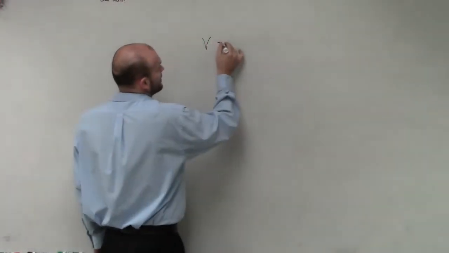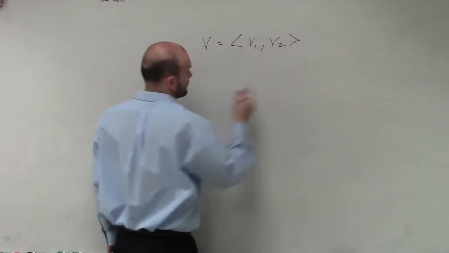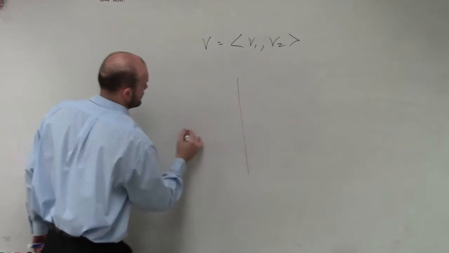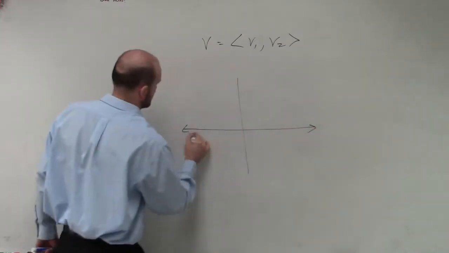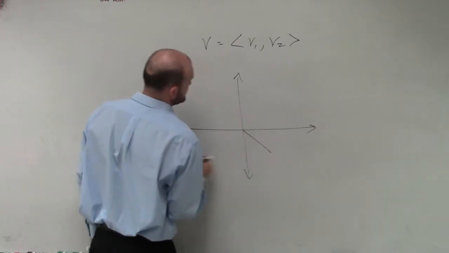Ladies and gentlemen, let's say we have another vector, and again, it's going to be a component form of a vector. Let's say it's right down here.